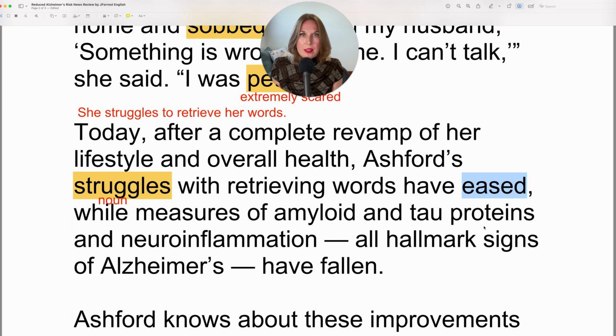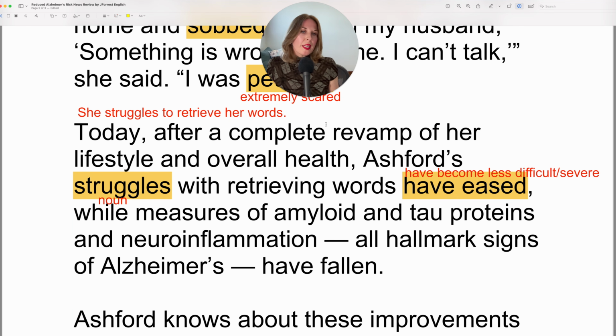Have eased. Now let's go back because you might be wondering about this word. After a complete revamp of her lifestyle and overall health. So she revamped this area, her lifestyle, and this area as well, her overall health. It means that she completely changed them with the goal of improving them.